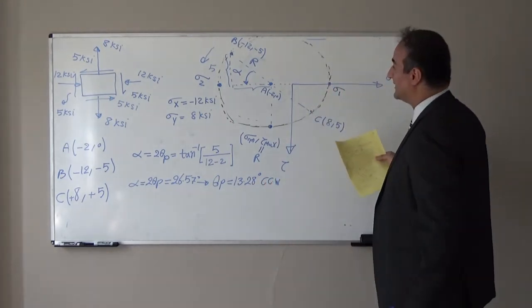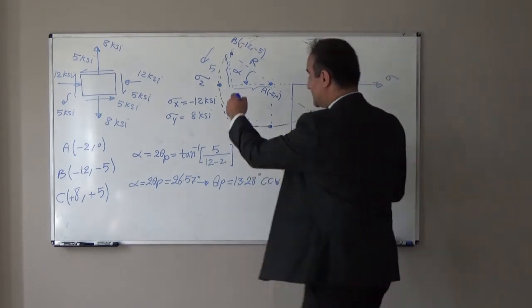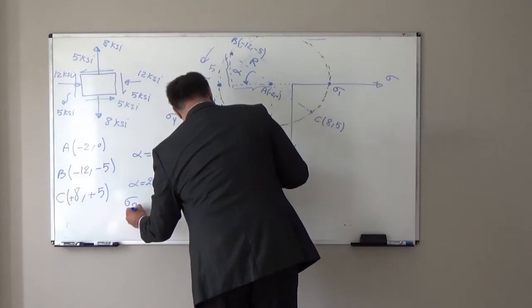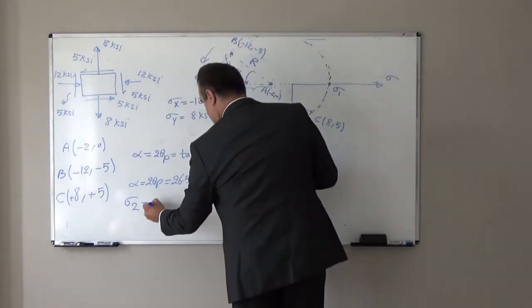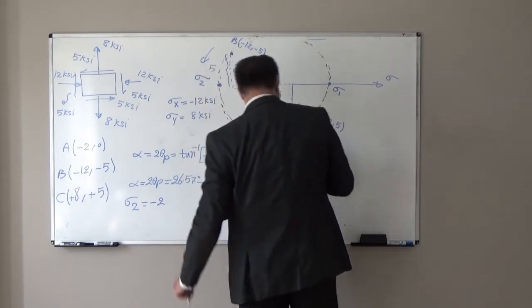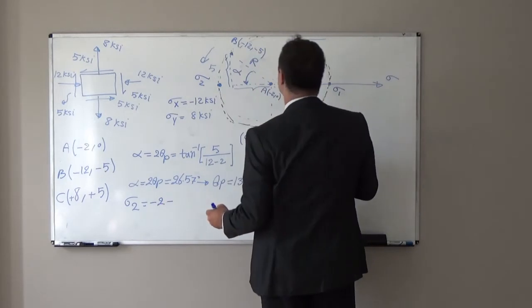On the other hand, we can find sigma 1 or sigma 2. Sigma 2 will be equal to the center point coordinate, sigma m, minus 2, minus the radius.